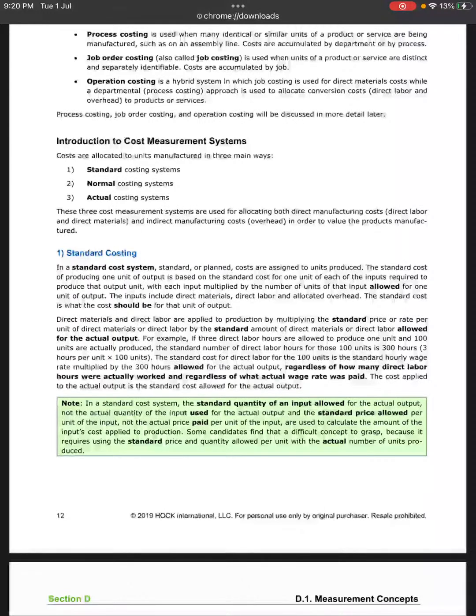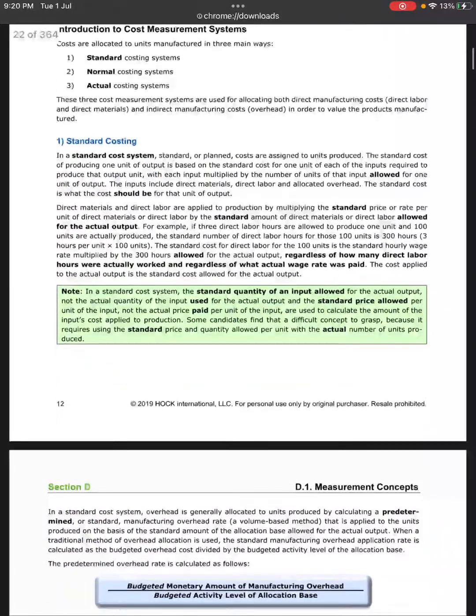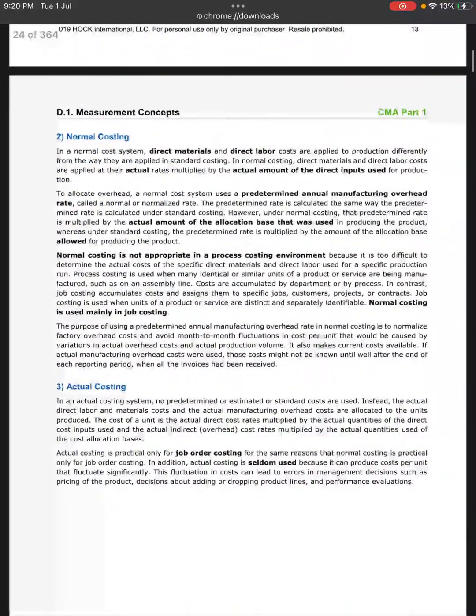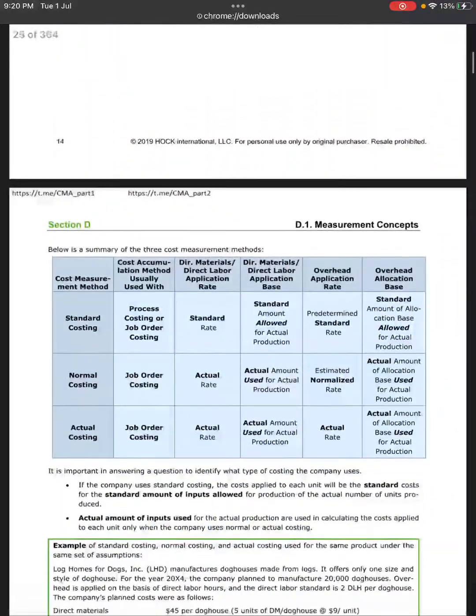Okay. And actual costing, everything is on actual basis, all actual rates. That was the revision.